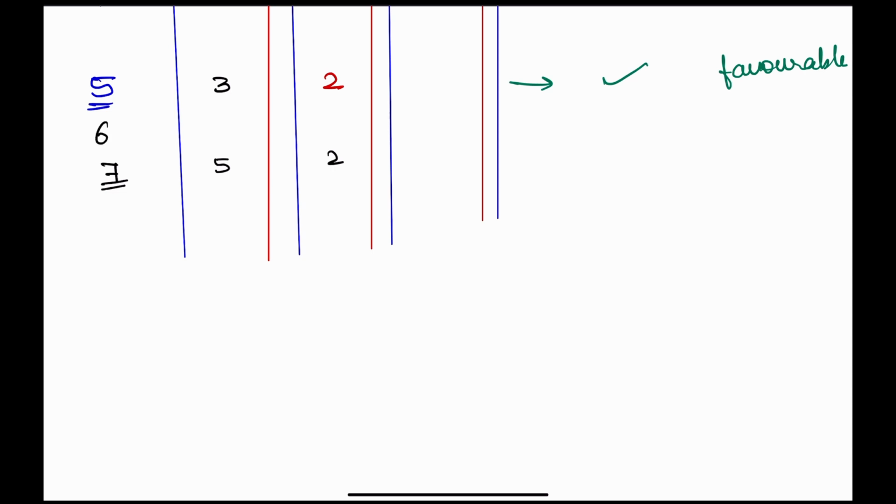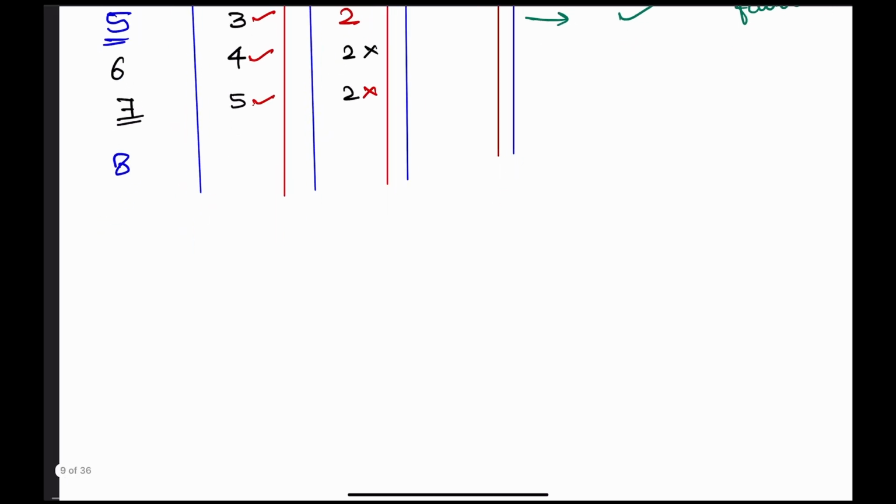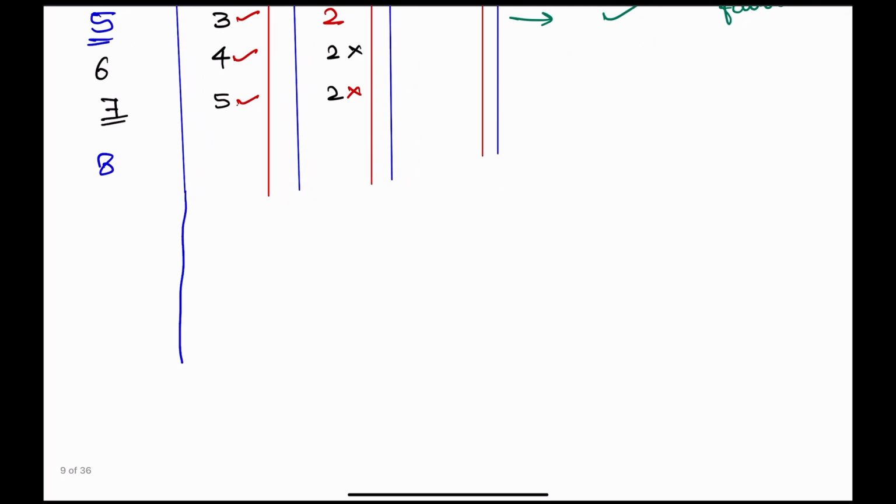If here is 6, A will choose 4, 2 is left, then B is going to lose and A will win. Here also winning. If 7 is there, A will choose 5, and B will have to choose 2, then also lose. But when 8 comes, 8 is kind of interesting.